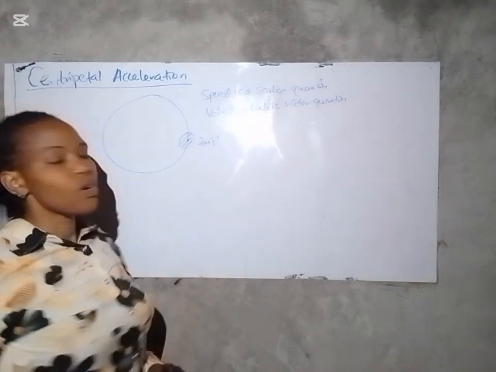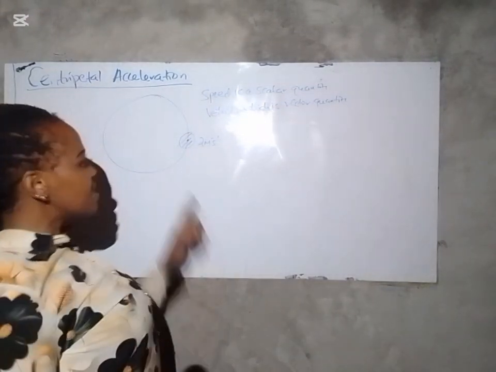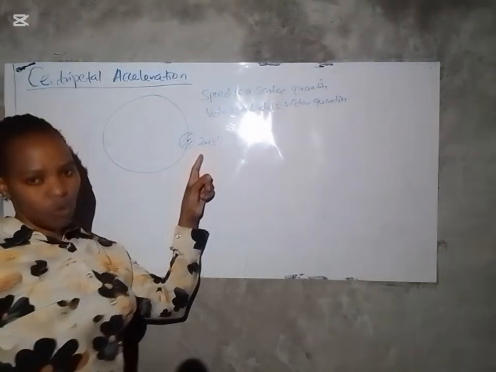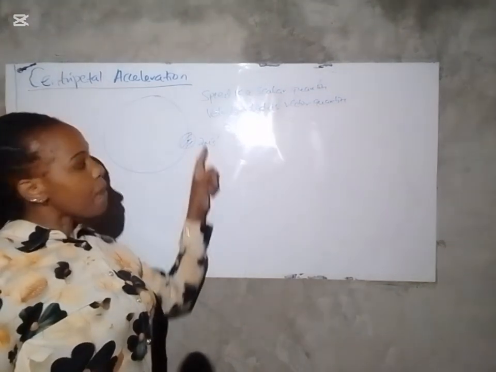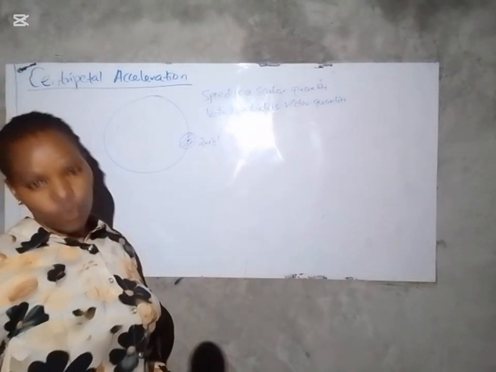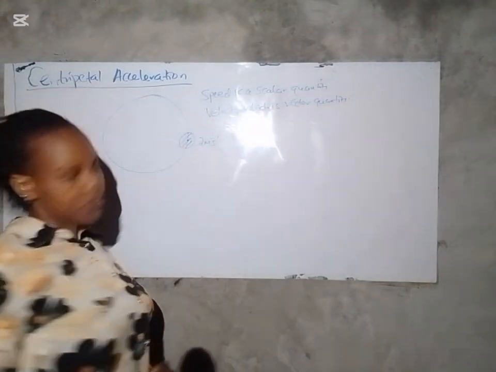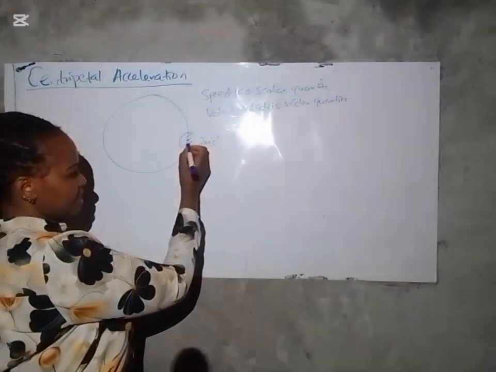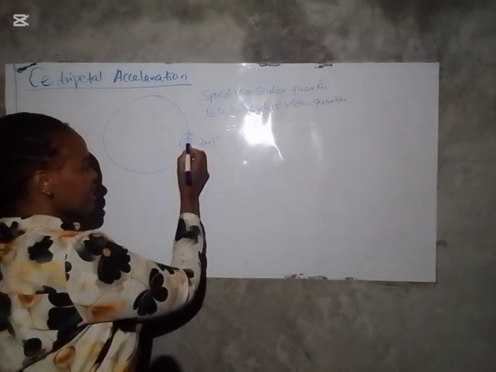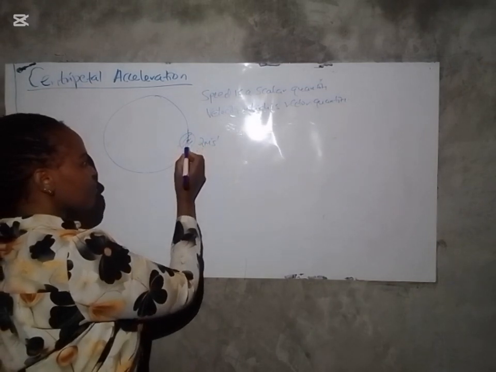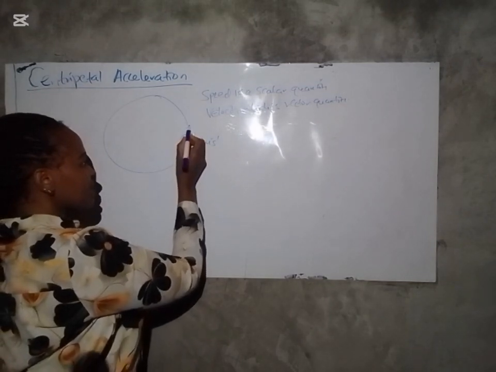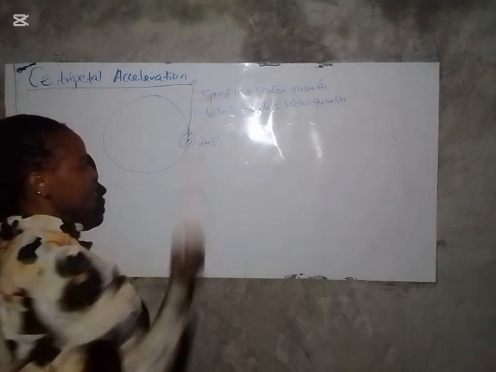Now when a body is moving on a circular path, yes, it moves at constant speed, but the velocity is not constant, because velocity is a vector quantity. When the body is at a point, if you were to release it, it would move along the tangent.